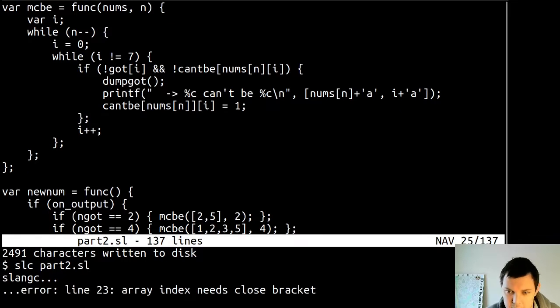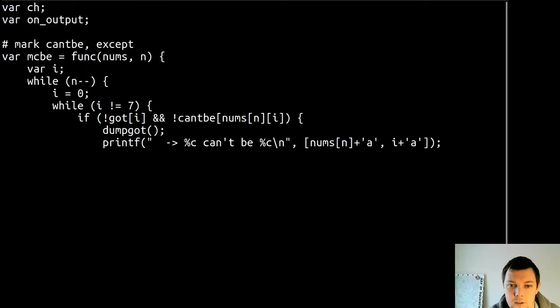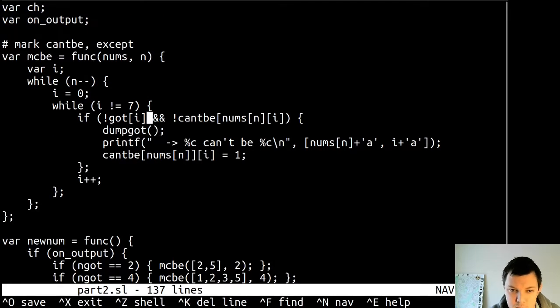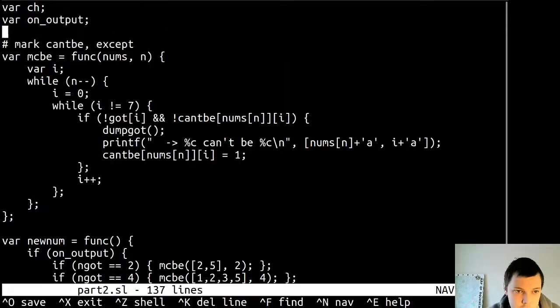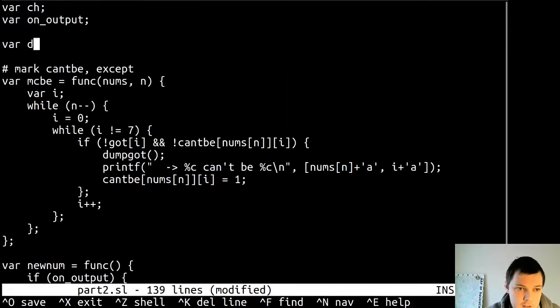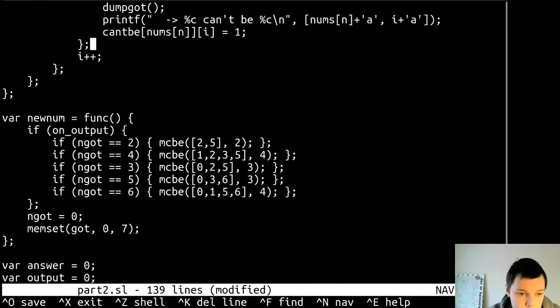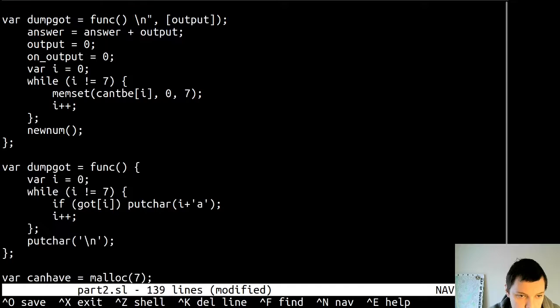Array index needs close bracket. Eh? Oh. So I don't have copy and paste, so that would be annoying, except for this.